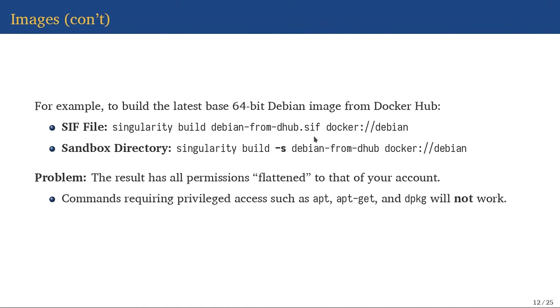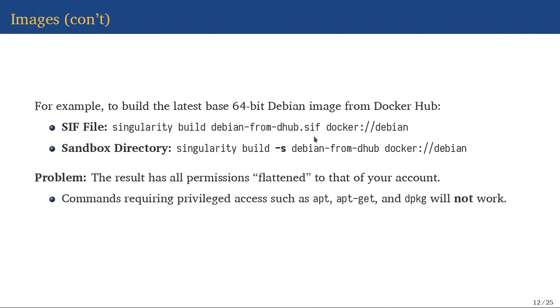Now, there's one problem with all of this, is that all the permissions in the installation get flattened out to that of your account because you don't have any special access. So that means if you want to install software, you downloaded Debian, for example, it downloaded and it's being installed, now you had a problem.